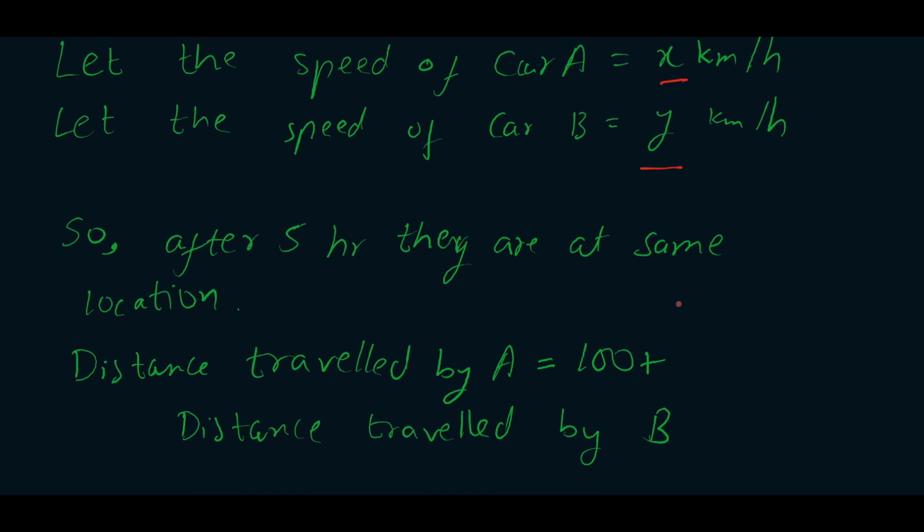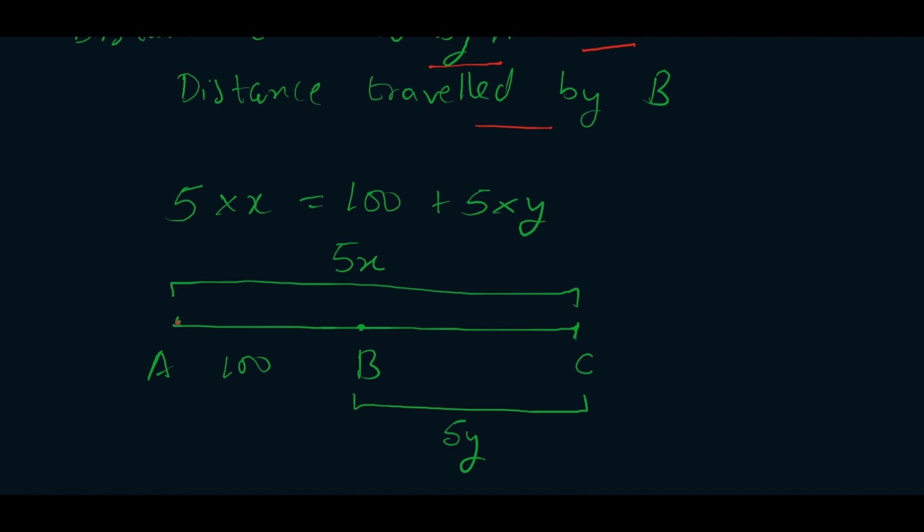As they are traveling in the same direction, after 5 hours the distance traveled by A will be equals to 100 plus distance traveled by B. That is, let A be here and B be here.